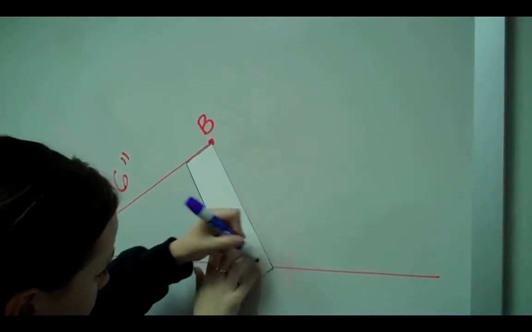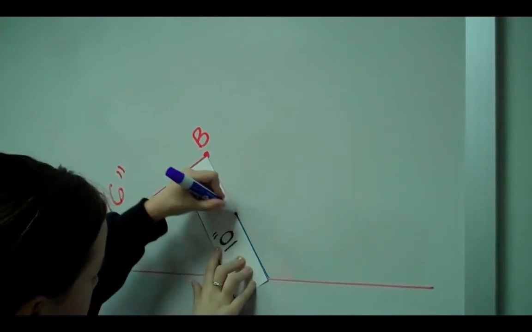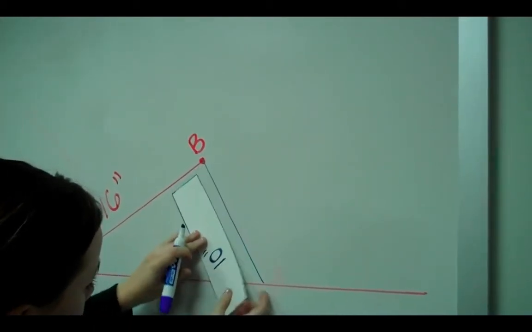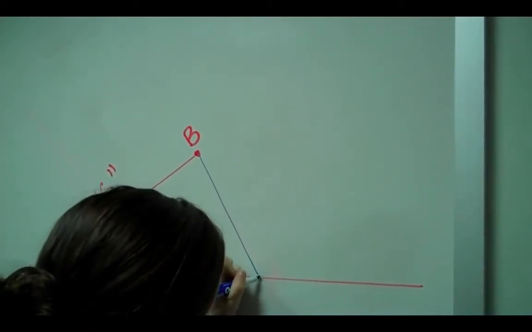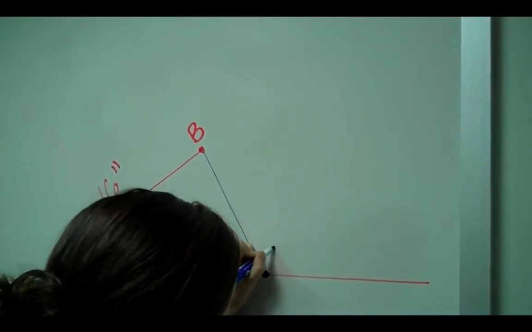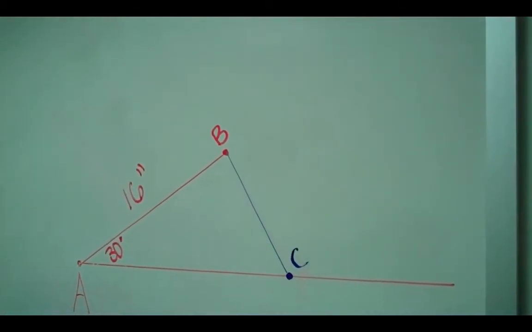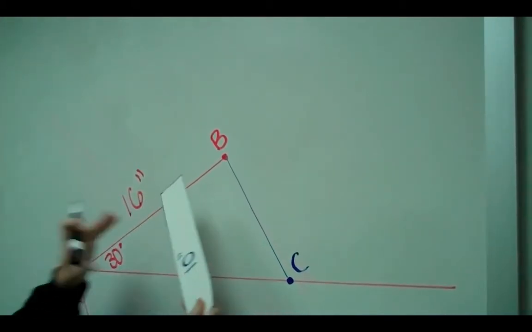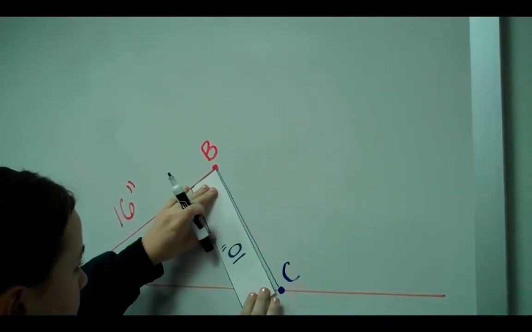Label the endpoint C. Continue sliding the 10-inch ruler about point B to see if it will make a triangle.